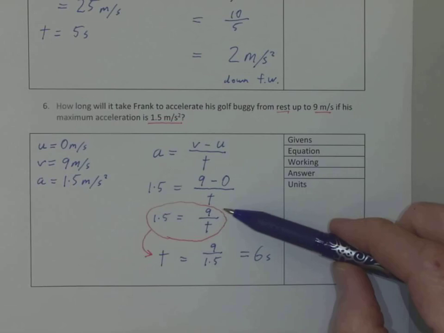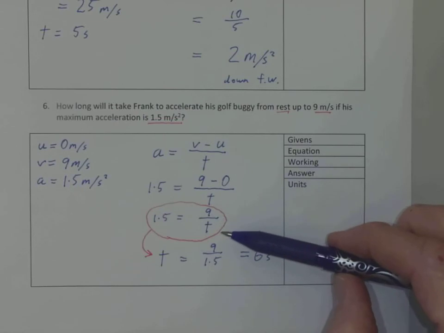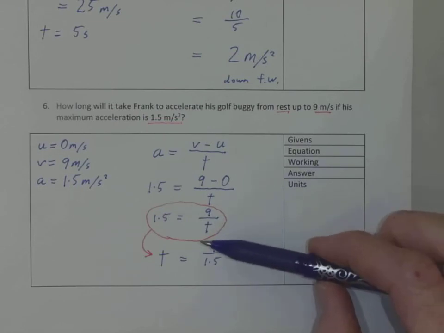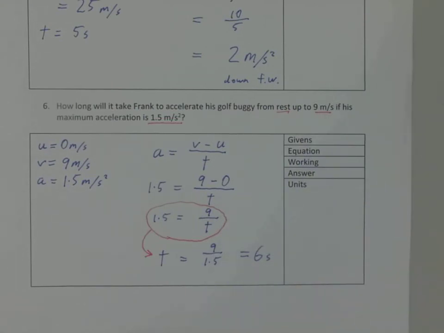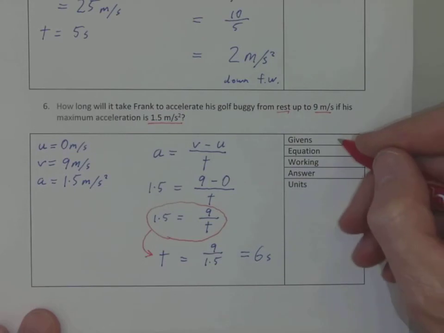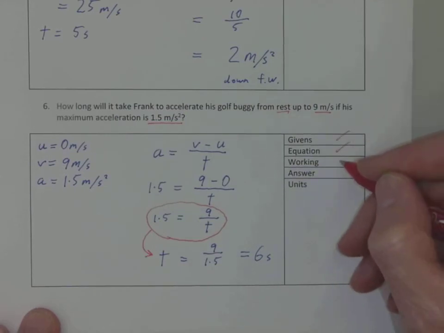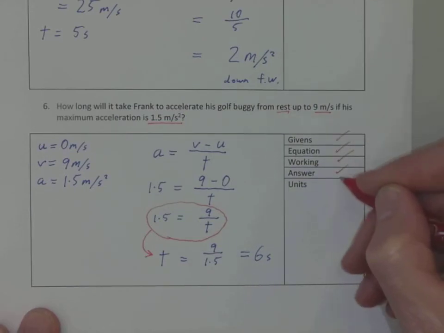So I might say to myself, 9 divided by 1.5 should equal the something. And we end up with 6 seconds. I'll be looking at rearranging equations hopefully soon in another video. And we see here we've got our givens, equation, shown our working, given our answer with units.